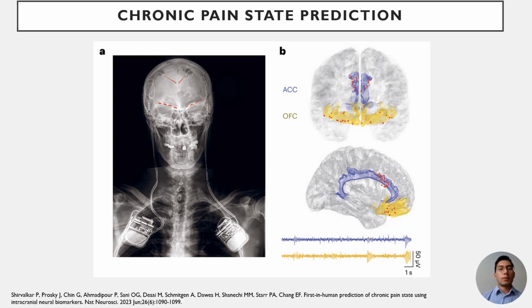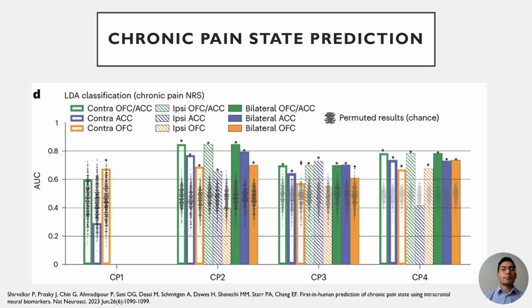It cannot fully see exactly what's going on in the deep structures of the brain. To overcome this, researchers utilized intracranial electrodes, allowing them to explore the electrical activity within the anterior cingulate cortex, or ACC, and the orbitofrontal cortex, or OFC.